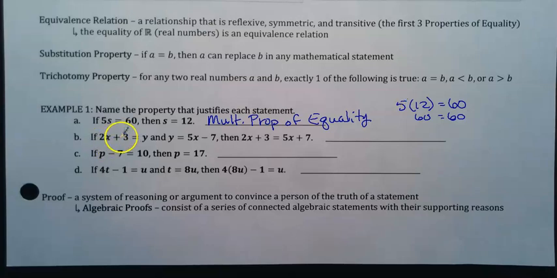If 2x plus 3 equals y, and y equals 5x plus 7, then 2x plus 3 equals 5x plus 7. So notice that both of these equaled y. And then we took what this y equaled and replaced it here, right? So what property would you call that one?